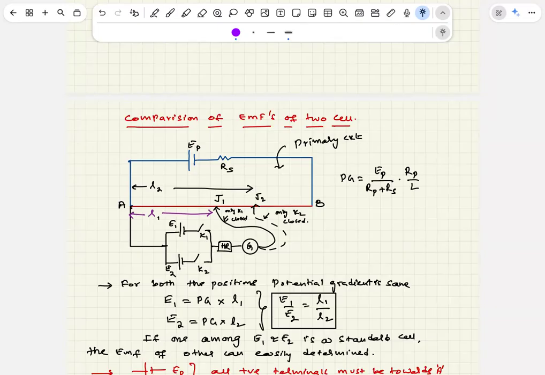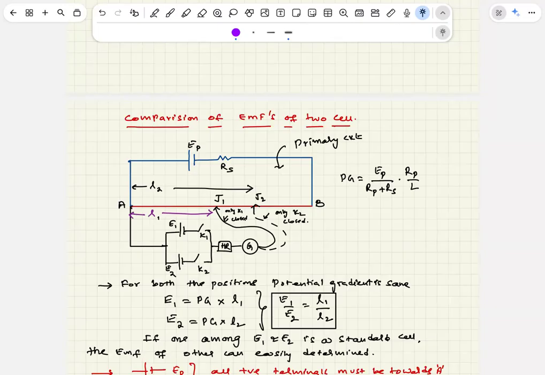Suppose E1 is a standard cell, for example a Leclanche cell, around 1.5 volt approximately, standard. E2 you will get perfectly. When E1 is exactly known, E2 you will get more accurately.